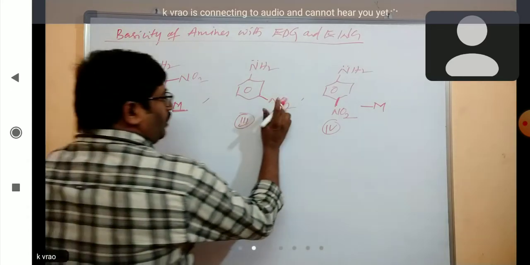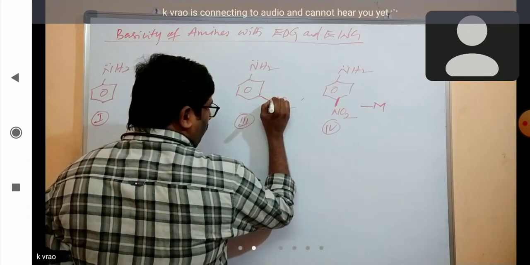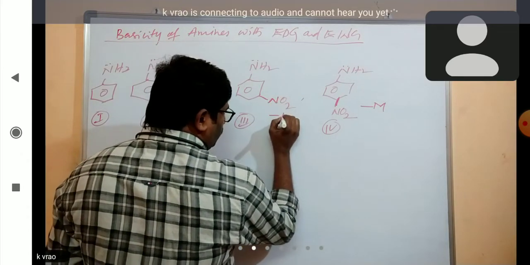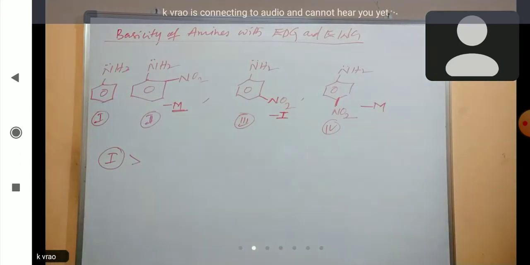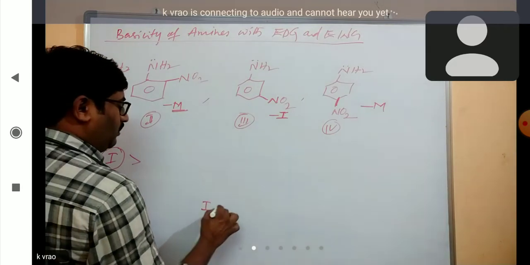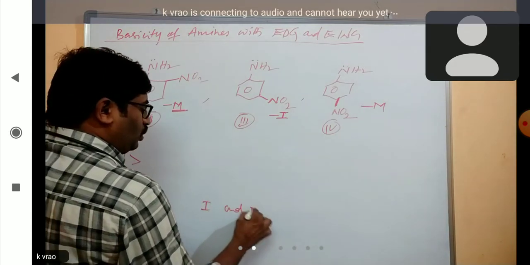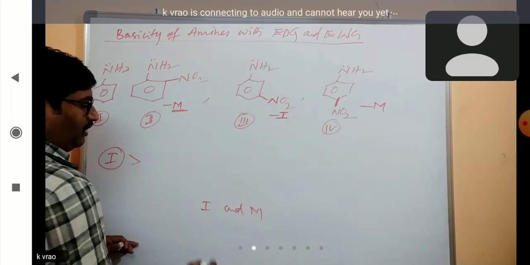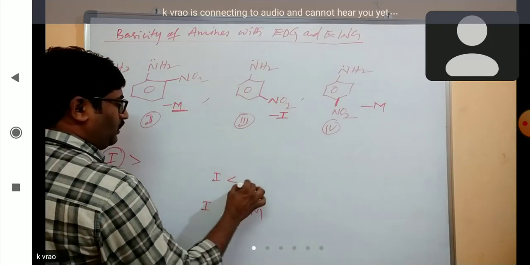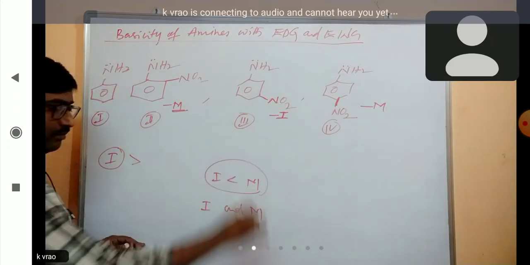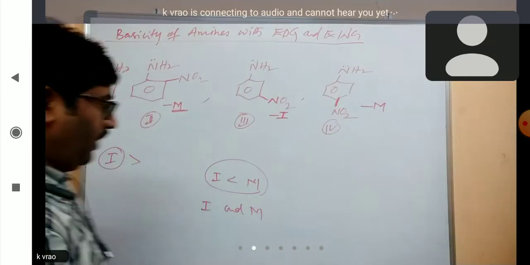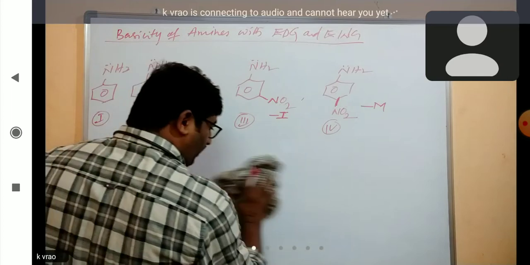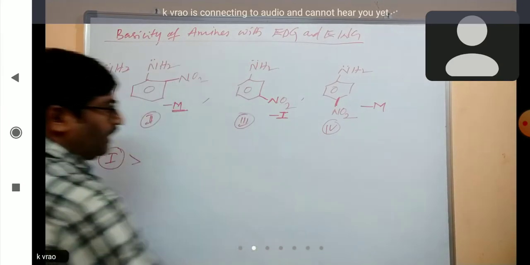But when the electron withdrawing group is present on the meta position, we consider only minus I. We don't consider the minus M. When I and M are both in competition, we consider I is smaller than M. The inductive effect is smaller than the mesomeric effect. Otherwise, the mesomeric effect is greater than the inductive effect.